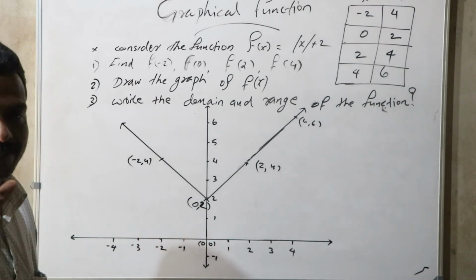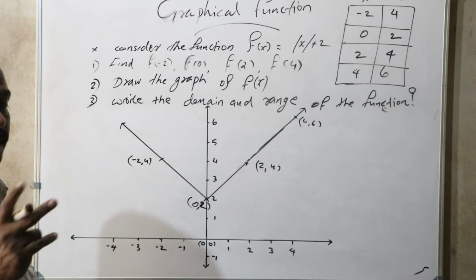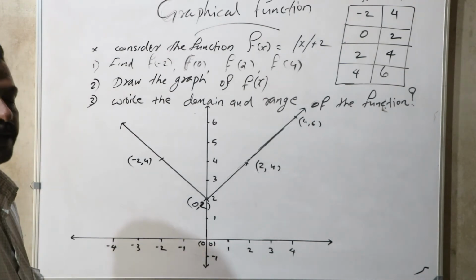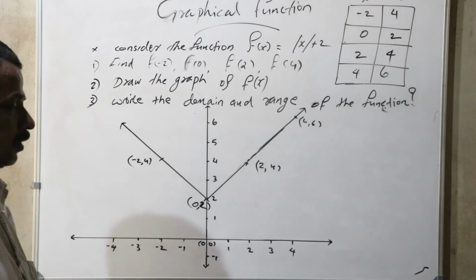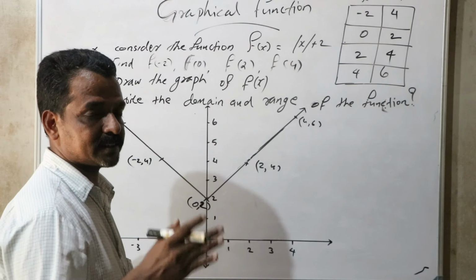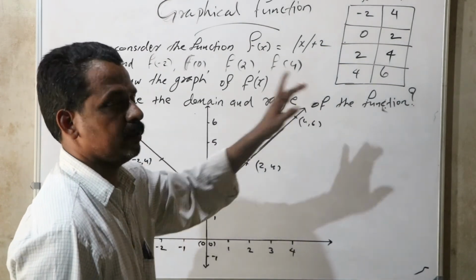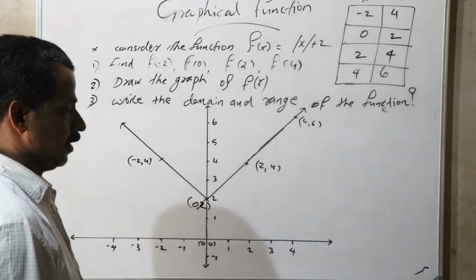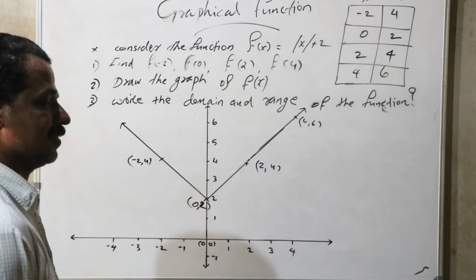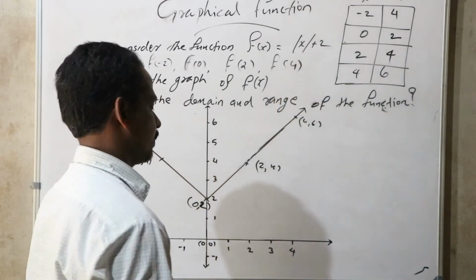Here there are two graphical lines: one from 0 going to the left side, and the next from 0 going to the right side. It goes endless. Here is the arrow.